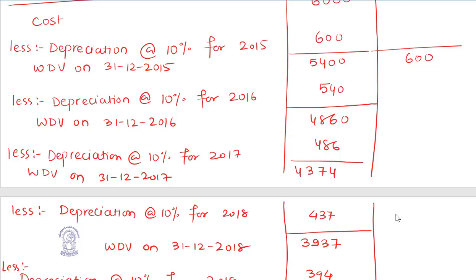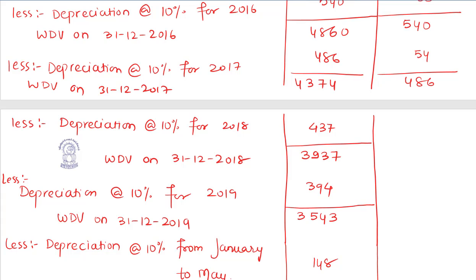So 10%, which is 60, 600 minus 60 equals 540. 540 minus 54, 486. 486 minus 48.6, which is 49, is 437.